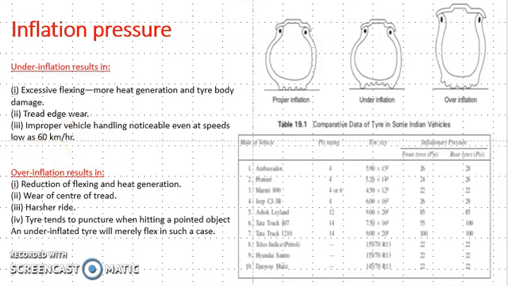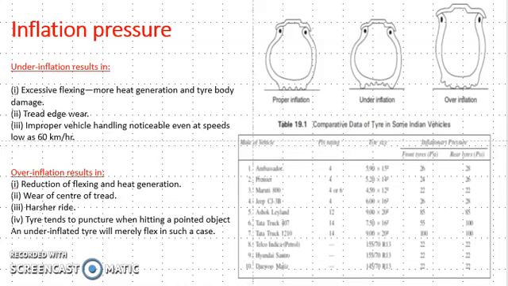Now we will see how to maintain a tire, how we should increase the life of the tire. Mainly it is observed that when the customer purchases the vehicle, they take care of the tire until it is damaged or until they have to replace it.